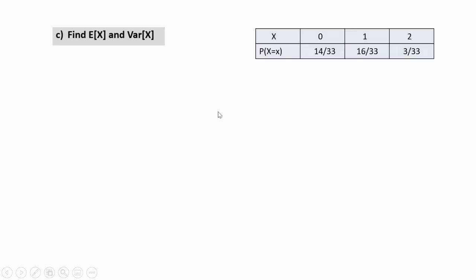Okay. Question C now says find the expected value of x and the variance of x. So we need that table back for that. So there's my table. The expected value of x is easy to work out. It's simply going to be that number times that, plus that value times that probability, plus that number 2 times 3 over 33.